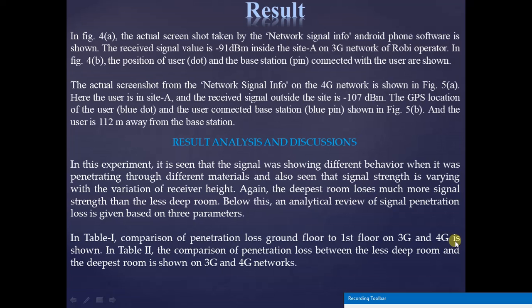When the receiver height increases, the penetration loss decreases, and when we go to the deepest room, the penetration loss increases. And there are two more valuable findings: the penetration loss is always higher in the 4G network than the 3G network, and the penetration loss is higher in the mud house than the building material house.